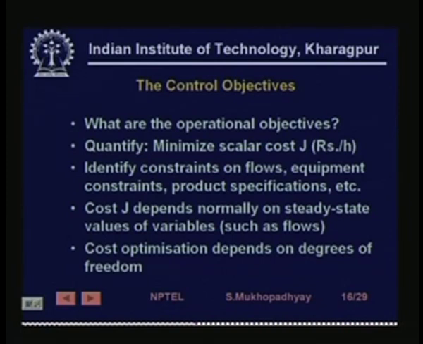Now, this cost optimization, to what extent it is possible, depends on the degrees of freedom. Now, what are the degrees of freedom? Degrees of freedom basically try to answer this question: suppose you say, okay, this is the plant, these are the governing equations, these are the things which can be controlled or rather manipulated, and those are the things which cannot be manipulated, they are given to us, they are disturbances, some feed coming at some flow rate or some temperature, with no control on that.